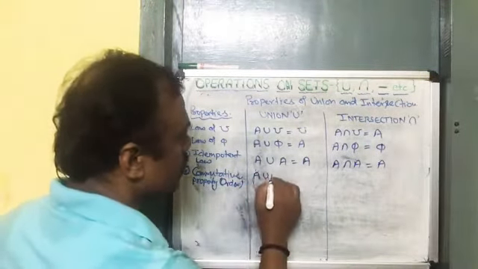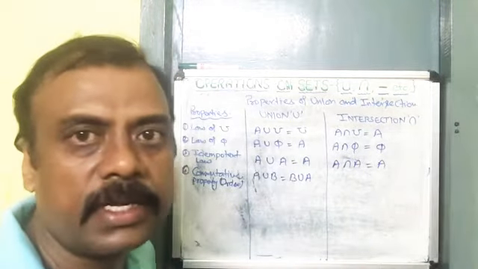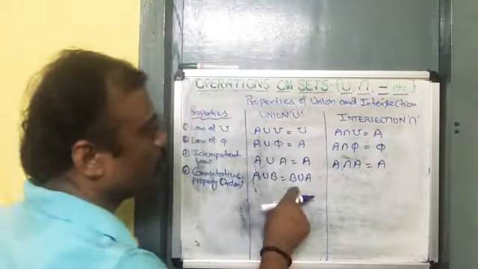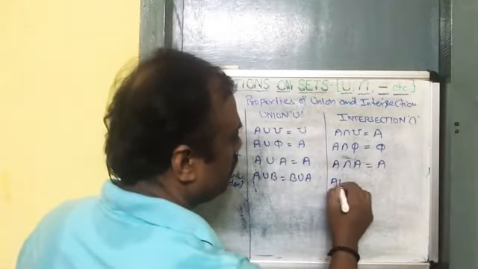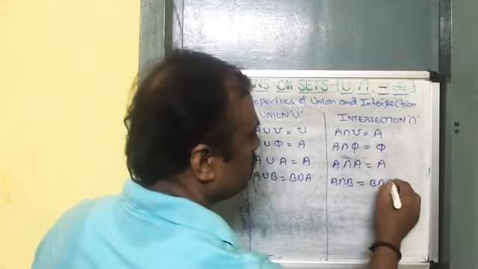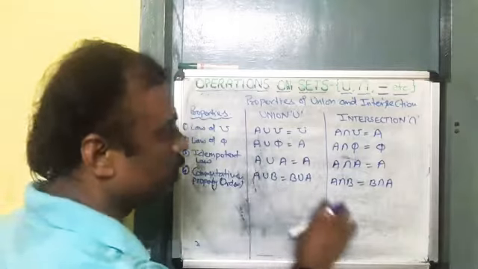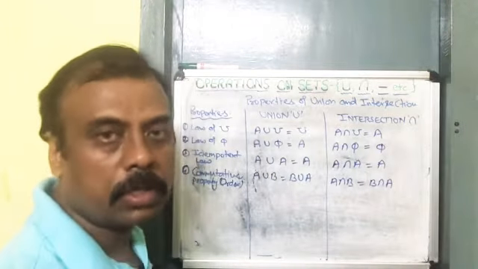A union B is the same as B union A. You can verify all these results by taking any examples of sets A and B. Similarly, A intersection B is the same as B intersection A. Order is changed, so union and intersection follow the commutative property.